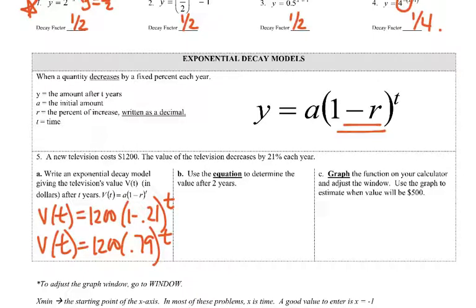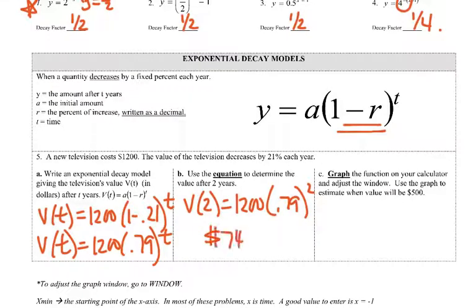If I want to find out what the value is after 2 years, 1200 times 0.79 squared, and I could put that in a calculator, and it would decrease to $748.92.